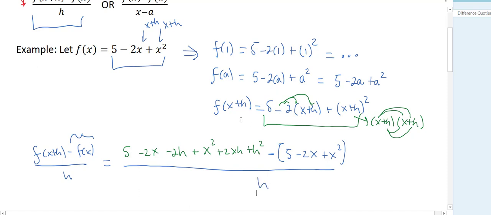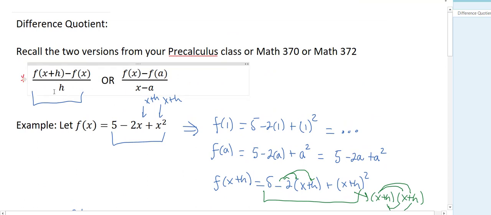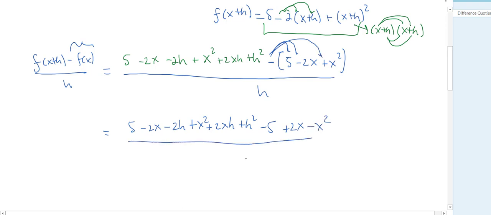Now, to dig into your memory from pre-calculus classes, simplifying this means get rid of the h on the bottom. Simplifying the second version means get rid of the x minus a on the bottom. So let's simplify this. I get 5 minus 2x minus 2h plus x squared plus 2xh plus h squared. I really just want to simplify this parentheses, so I want to bring this negative in: minus 5 plus 2x minus x squared, all over h.